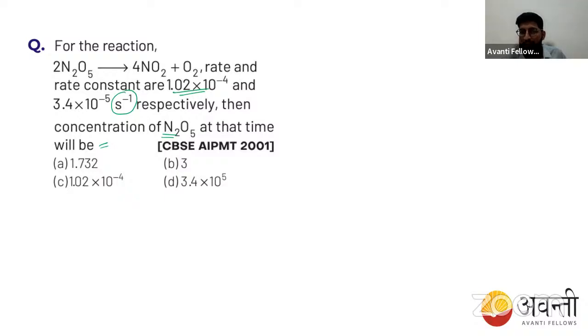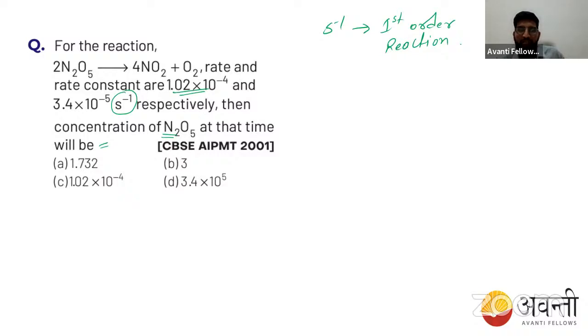Yes, very good. The first order reaction has a rate constant with unit second inverse. So solve this and tell me the answer. What is the final answer? JNV Mahesh students, can you tell me the correct answer here?